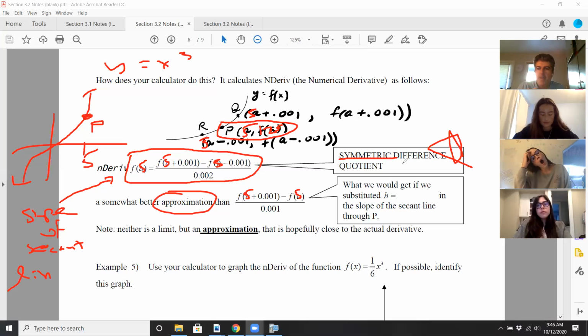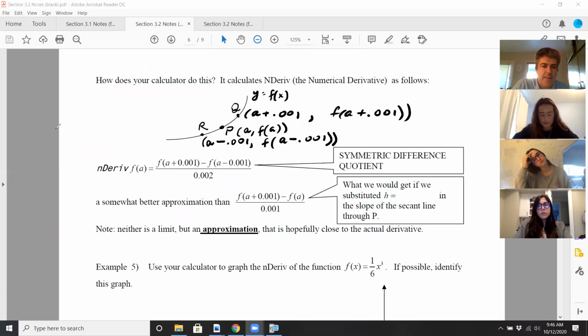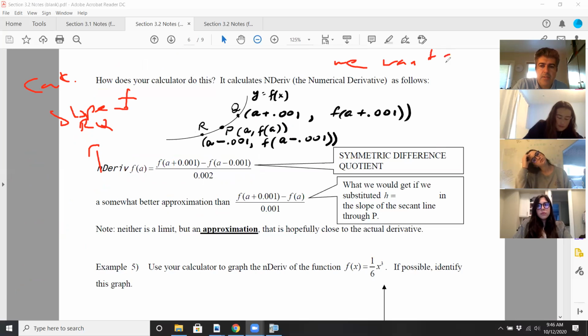So it's a little bit better of an approximation than just doing PQ. So what the calculator is doing, just so you know, the calculator is giving you the slope of RQ. That's what the calculator does. We want the slope at P. RQ is close enough.